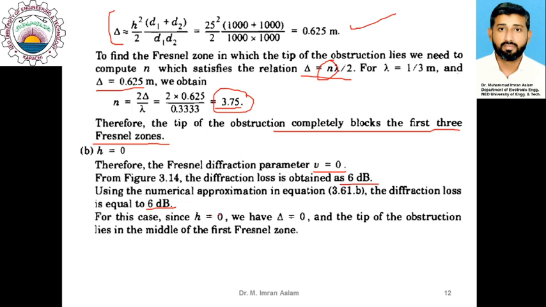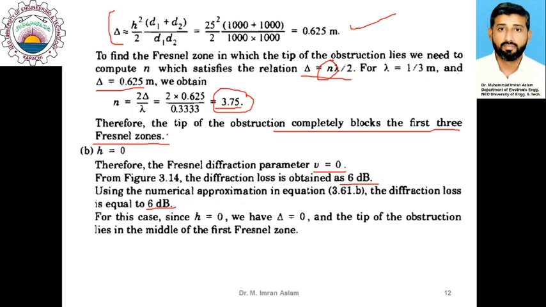So there is a 6 dB loss when the height of the obstruction is 0. In other words, when the obstruction is at the same height as the line of sight between transmitter and receiver, we have only 6 dB of loss.